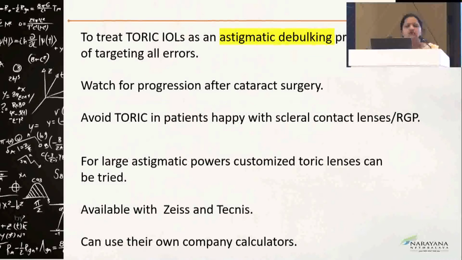We have to watch for progression after cataract surgery. One main thing to note: if the patient is already happy with the scleral contact lens or the RGP, please do not provide a toric, give them a monofocal and correct the residual with the scleral lens or RGP lens, because they are used to some lens being on the cornea rather than in front or behind.